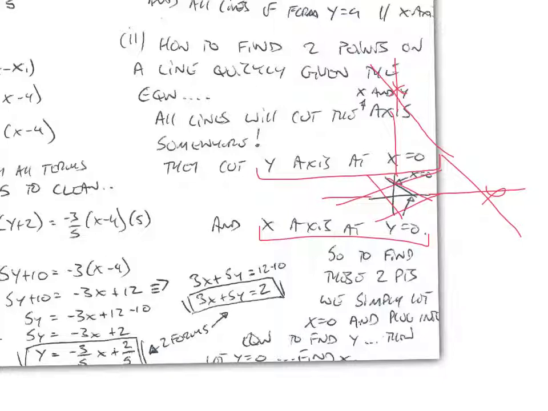So if we want to quickly find 2 points on a line, when we're given an equation, we can let x equal 0 and plug that into our equation, find its corresponding value of y, and we can let y equal 0 and find its corresponding value of x. We'll see an example of this in a moment.